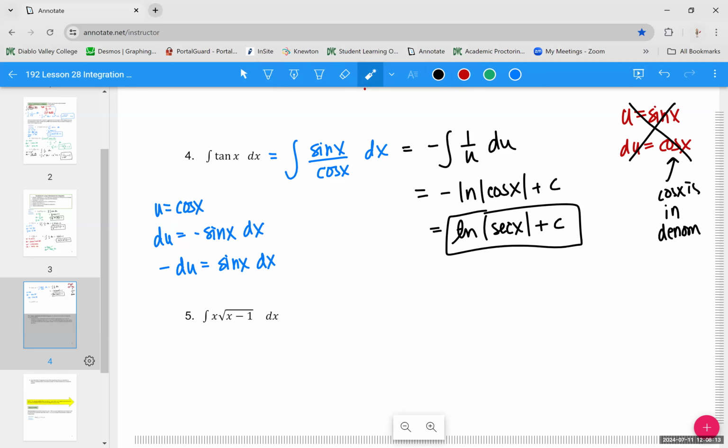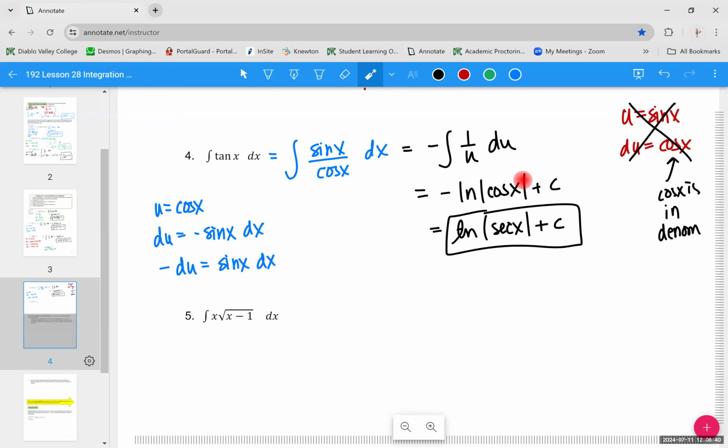So set your u equal to the denominator, because then when you take its derivative, this sine x is in the numerator. So you can solve for sine x dx. Again, the negative du will substitute in. You're left with the 1 over u, and you integrate. Now, remember, one of the properties of logs is when you have a negative or a number here, it can bump up as a power to the thing you're taking the log of.